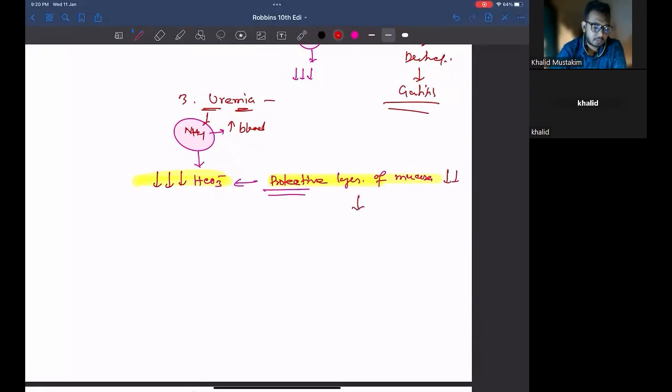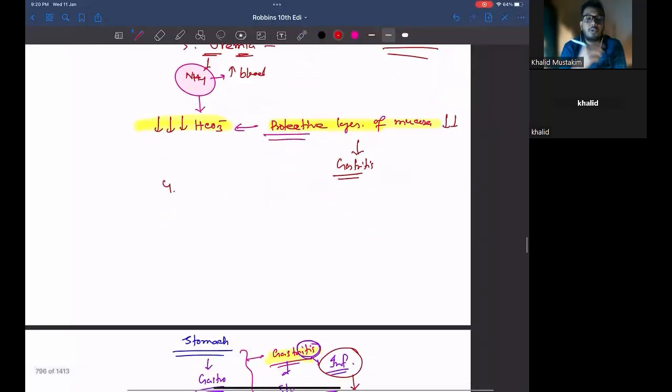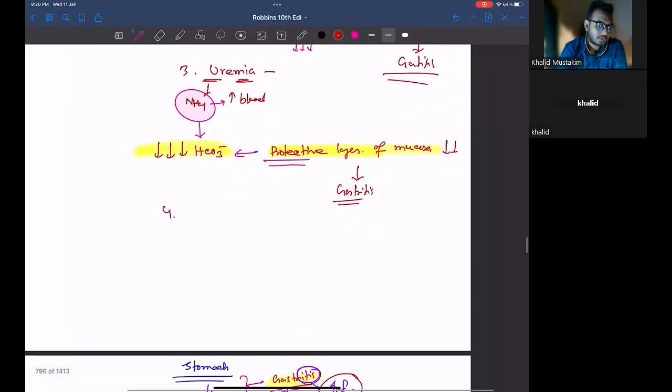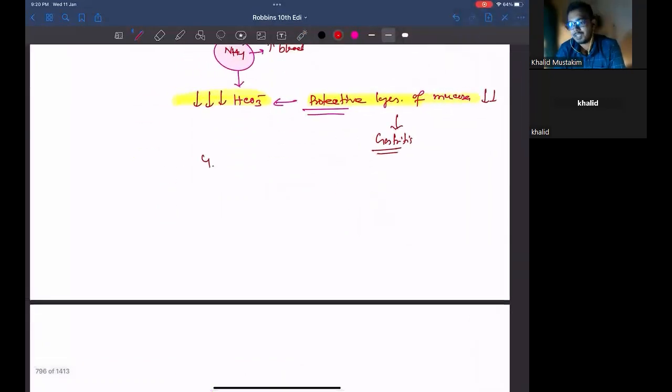And when this becomes weak, the patient develops gastritis. Simple concept. We have already learned three factors. Let's jump to our fourth factor, and this fourth factor is very, very interesting. In fact, we all have this factor. What is this? That is stress.